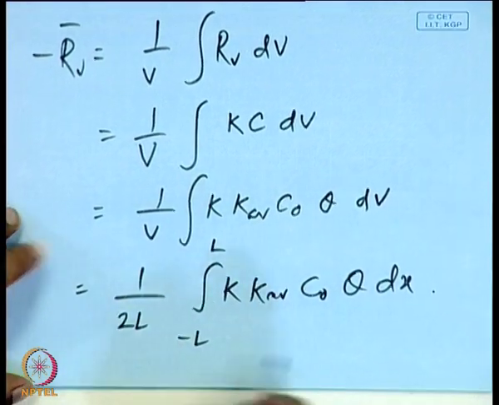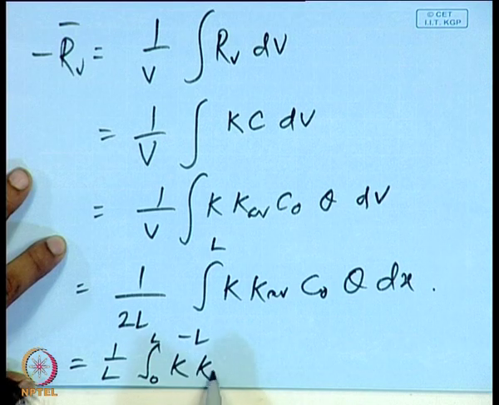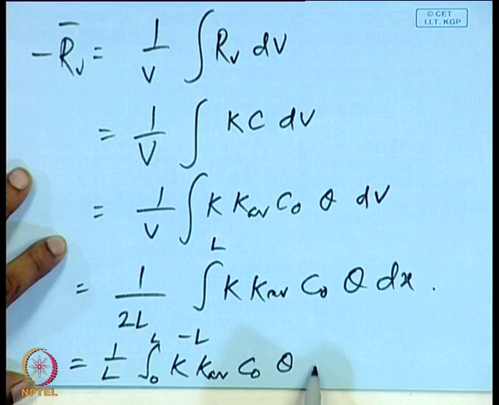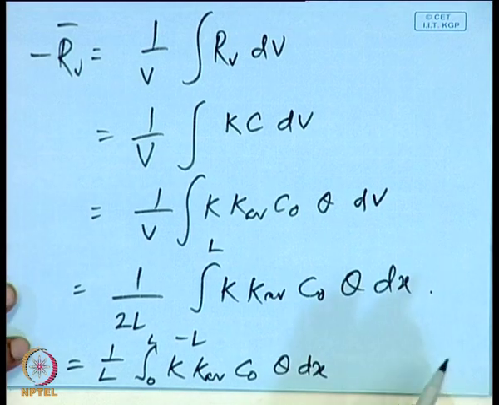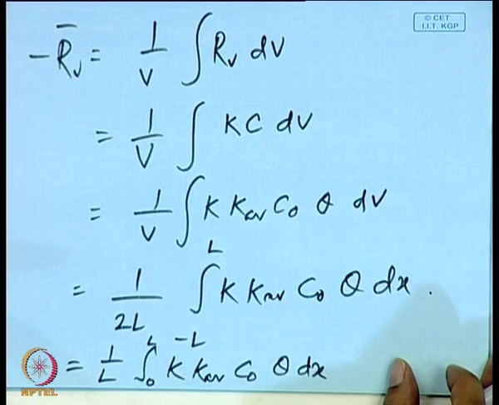Okay. So, then you can take this 2 out and write this as 1 over L going from 0 to L of K kV C naught theta into dx, fine. So, what would be the integral? If I have a cos hyperbolic, it will simply be a sine hyperbolic. So, no, that's not right.